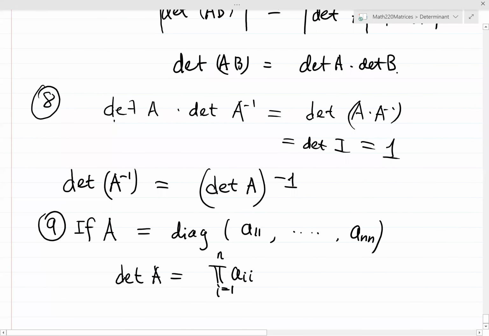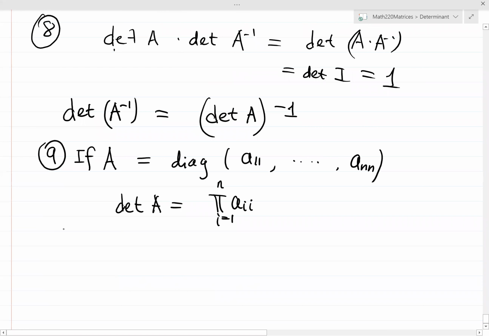Now if A is triangular, not just upper triangular, then the determinant of A equals the product of the diagonal entries.